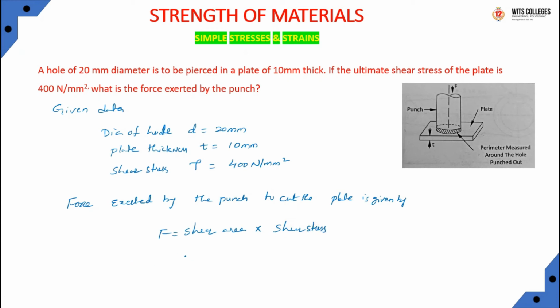Okay, so here shear area is pi into d into t, thickness, into 400.